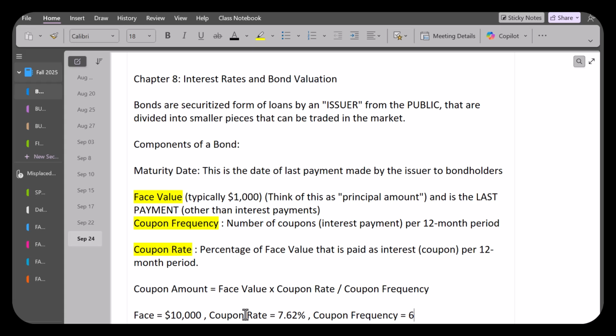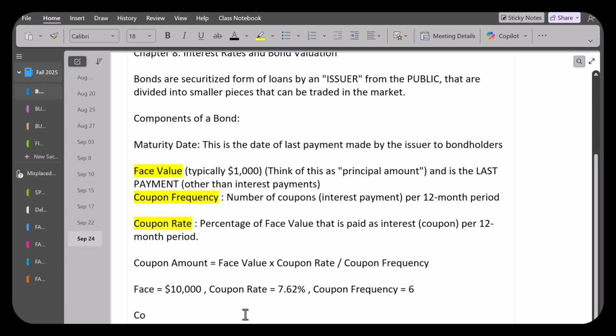I chose this bond to pay coupons, to make payments every 2 months, which means I got 6 payments per 12-month period. Then the coupon amount would be $10,000 times 7.62% divided by 6. So each coupon is going to be $127. Okay. I mean, we're going to make these calculations automatic anyway, but I just wanted you to see where they come from.